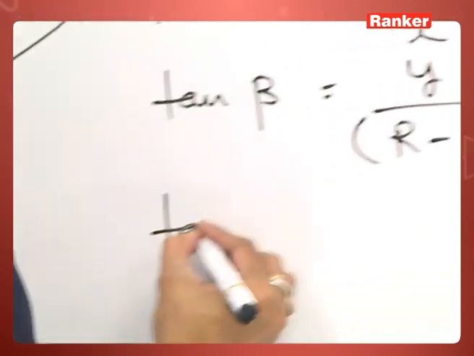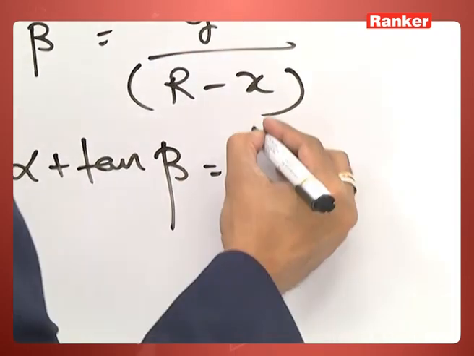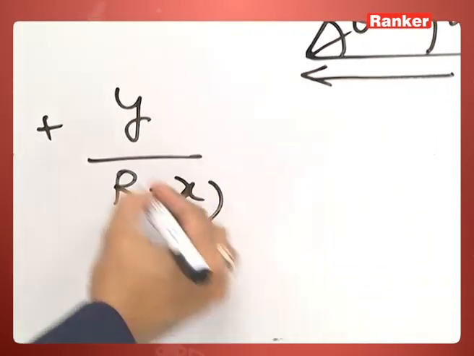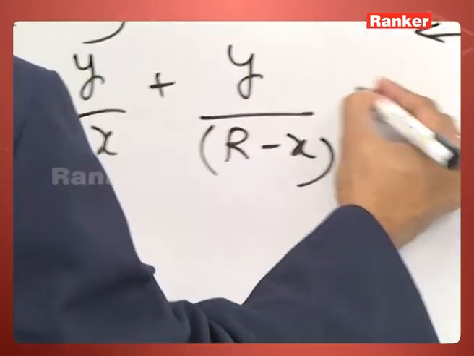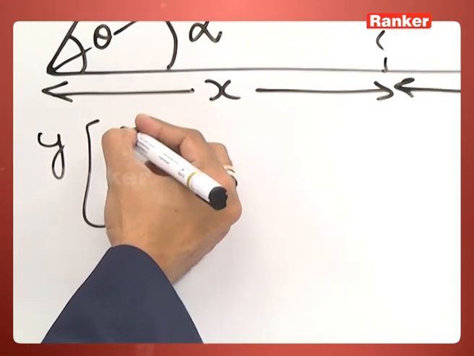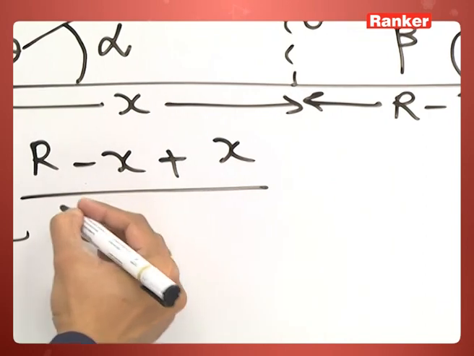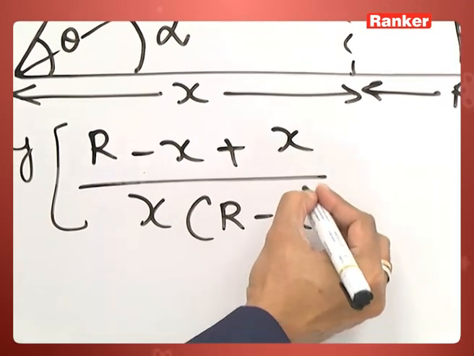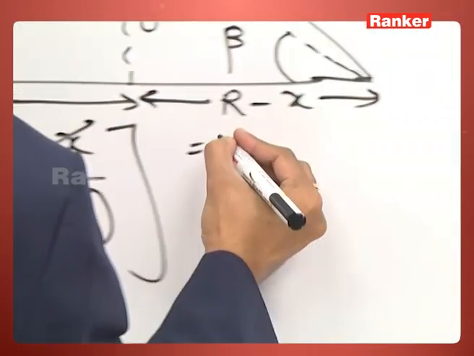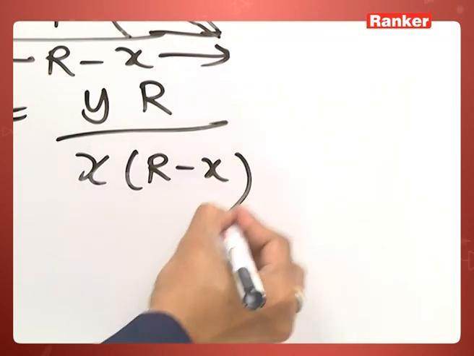So add this, tan alpha plus tan beta is equal to y by x plus y by R minus x. I take the LCM and I write y common, R minus x plus x by x into R minus x. So this one cancels. So this becomes yR by x into R minus x.